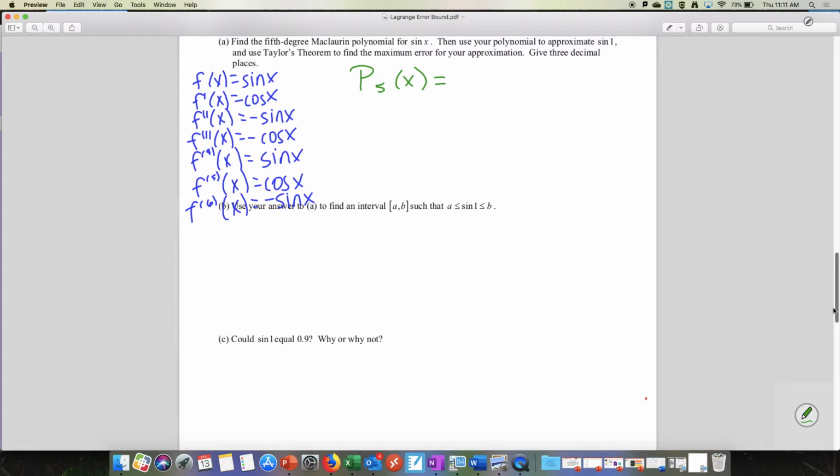All I want is the polynomial. Don't worry about the error yet. I just want the polynomial. So I'm just asking you to do what you did in your assignment yesterday. Find the polynomial. Oh, fifth degree, not fifth.